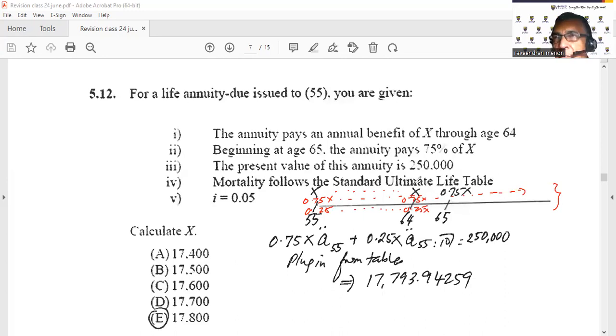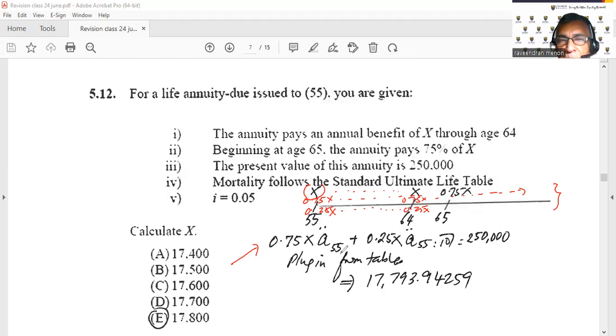I need to add 0.25X for the first 10 years. So 0.75 plus 0.25 is X. Good, that's how I write this line here.